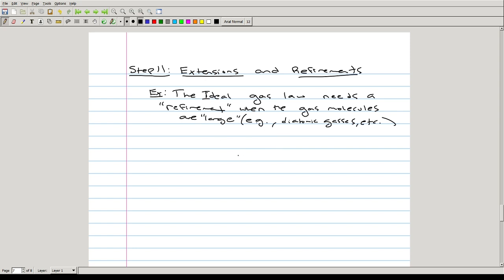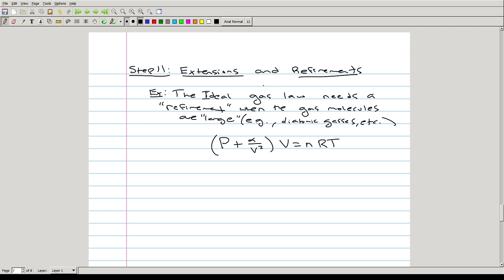And so typically this extension takes one of the following forms. Could take, say, the pressure plus some constant alpha over V squared, times V, is equal to nRT.